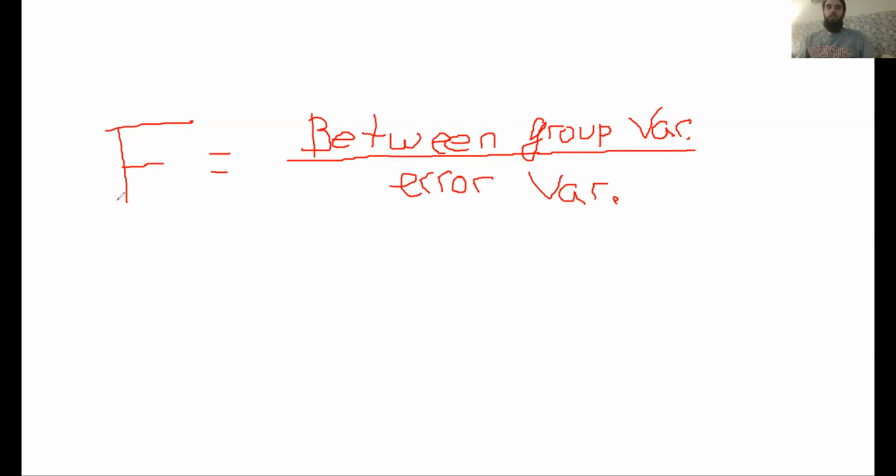So the F ratio, the F statistic, is a ratio of between group variance to error variance.